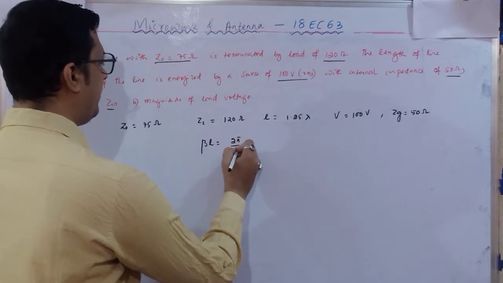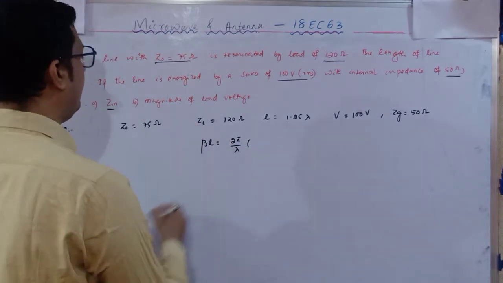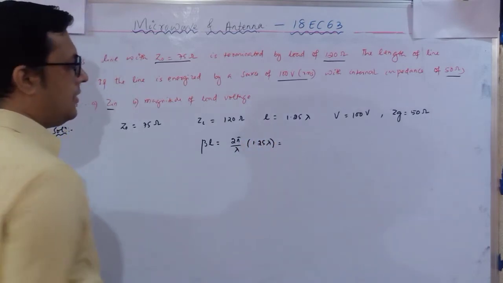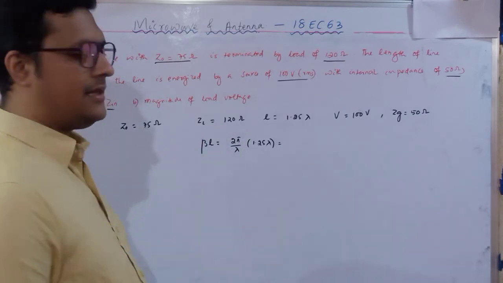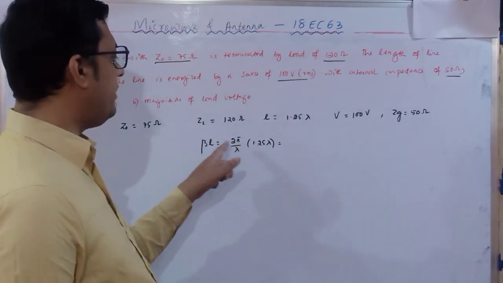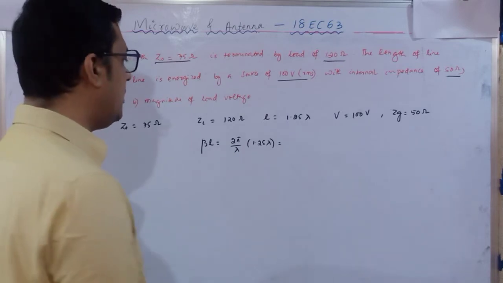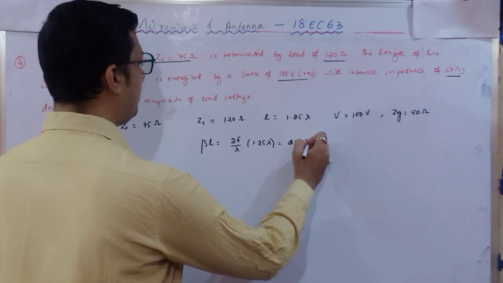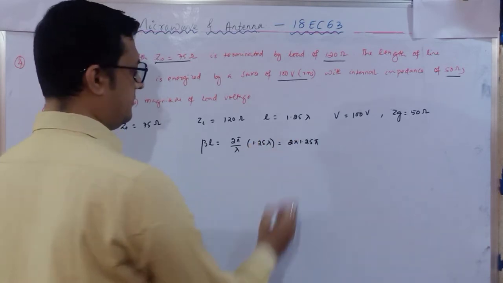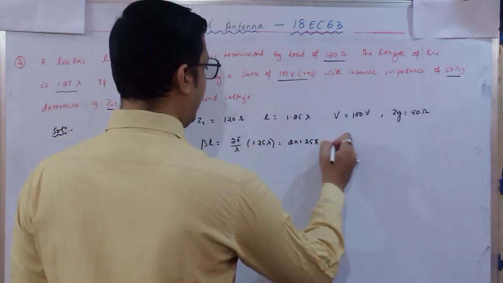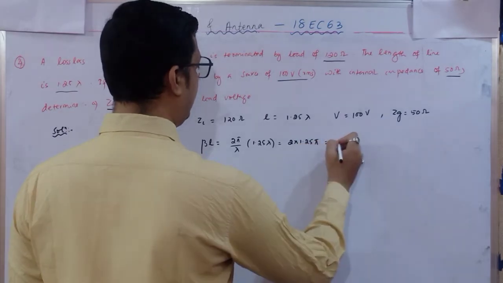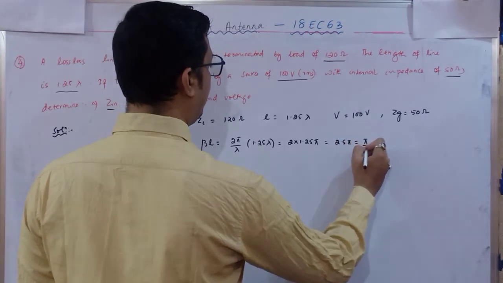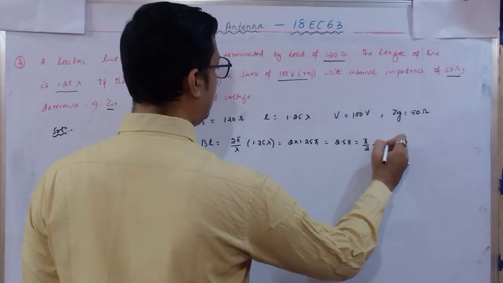Beta is nothing but 2 pi by lambda, and length is 1.25 lambda. Now this lambda will be cancelled out. 2 into 1.25 pi, so you will get 2.5 pi, or I can write pi by 2 plus 360 degree.